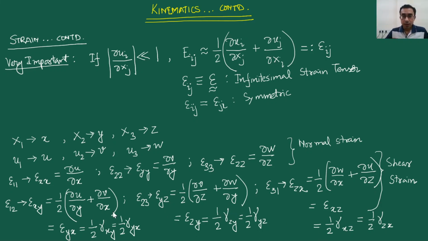Okay, so overall what we can say is that these relations that we have written down here, primarily the six independent relations, epsilon xx, epsilon yy, epsilon zz, and epsilon xy, epsilon yz, and epsilon zx, these are referred to together as the strain displacement relations.